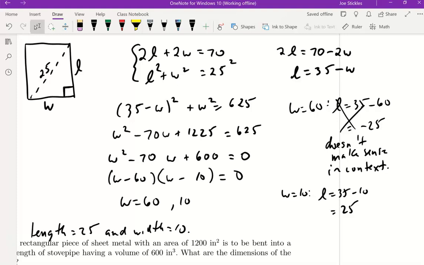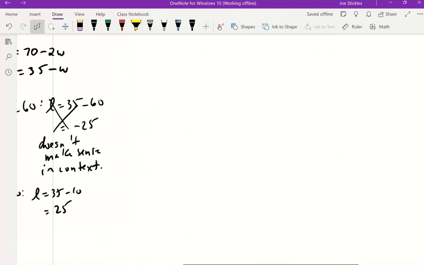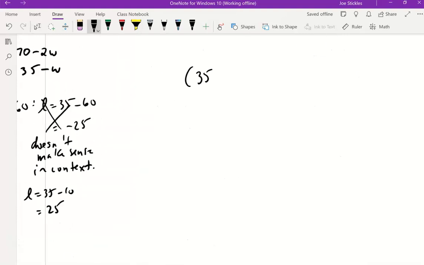We went from here to here. So subtracted the 2w over here, and then divided everything by 2. So this was still 25 squared here. That came down here after we substituted in the 35 minus the other. So when you do 35 minus w squared, I've got to multiply it by itself.